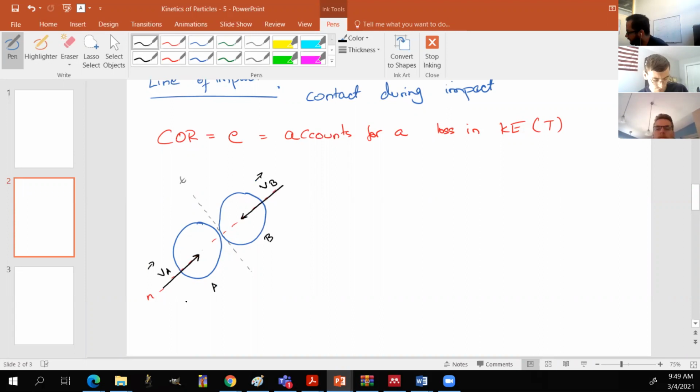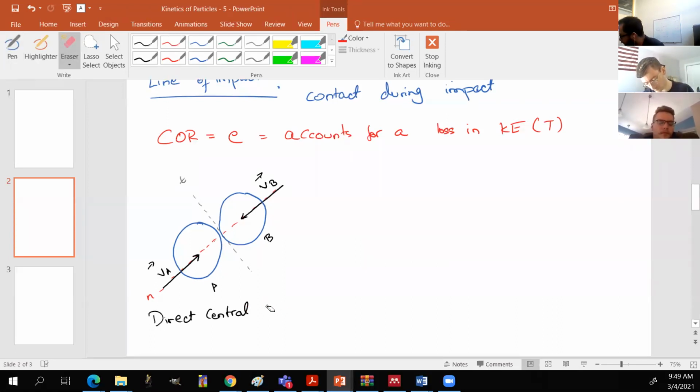This kind of impact is what's called direct central impact. Right? So it's basically the motion prior to collision for both bodies is along the line of impact.